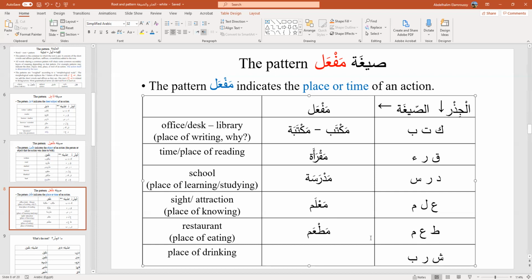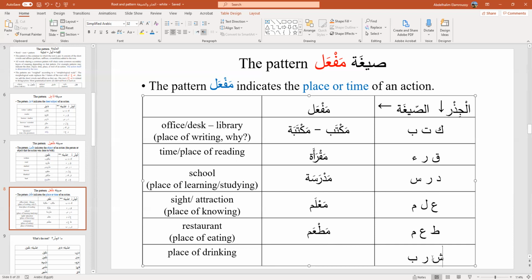And then you will add everything else as it is, the mim, the fatha, the sukun, the fatha. So it will be mat'am. And mat'am is, again, the place of eating, literally, i.e. restaurant. Okay, let's go on to our last example here.